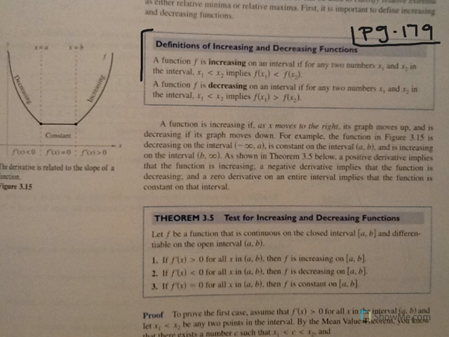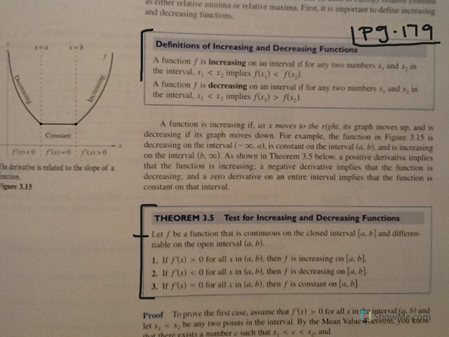Let's take a look at the second part, this box right down here. So we want to test for an increasing or decreasing function. If ever you're not sure whether it's a decreasing or increasing function, this box right here will tell you everything that you need to know. It says let f be a function that is continuous on a closed interval and differentiable on that interval.